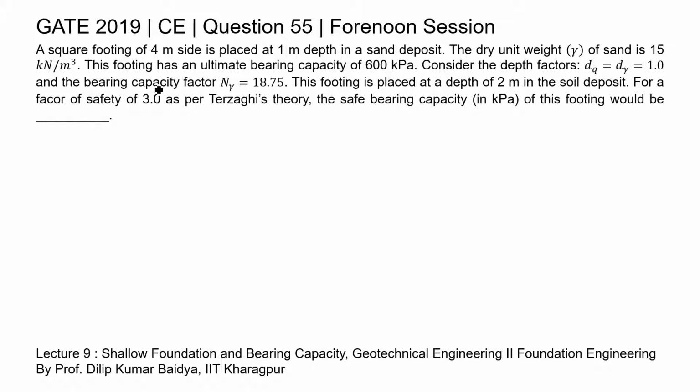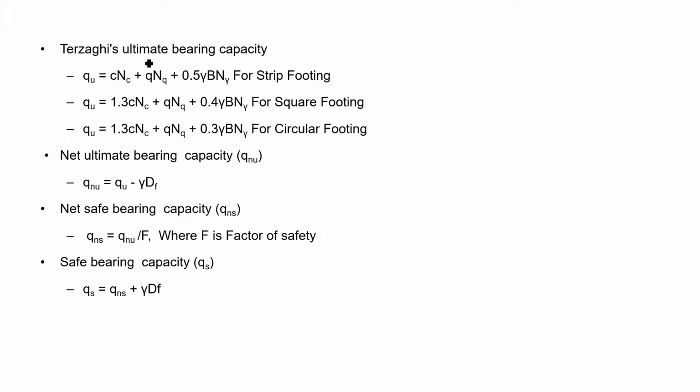In the Terzaghi ultimate bearing capacity, the Qu, that is ultimate bearing capacity, there are three formulas: for a strip footing, for a square footing and for a circular footing. Since in this question the footing has a square shape, we will use the formula Qu is equal to 1.3 c Nc plus q Nq plus 0.4 gamma B N gamma for a square footing.